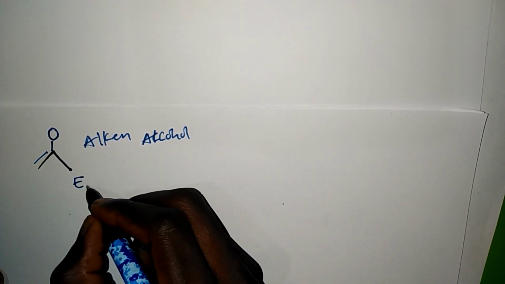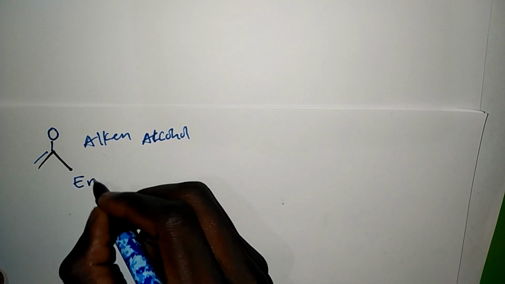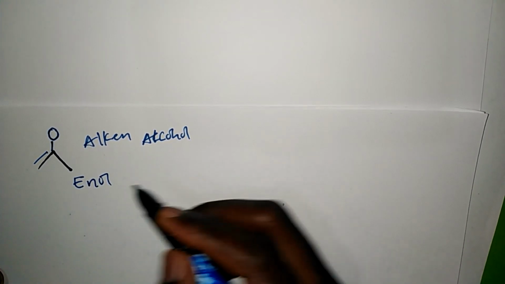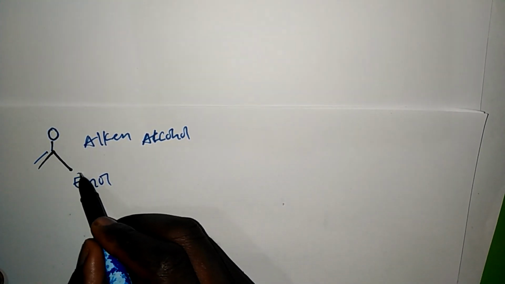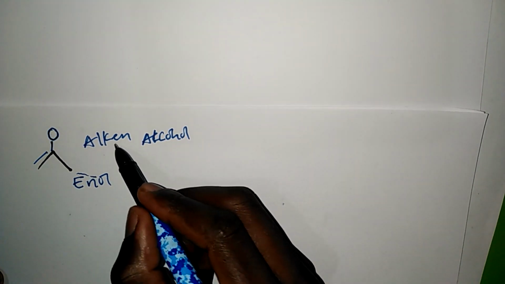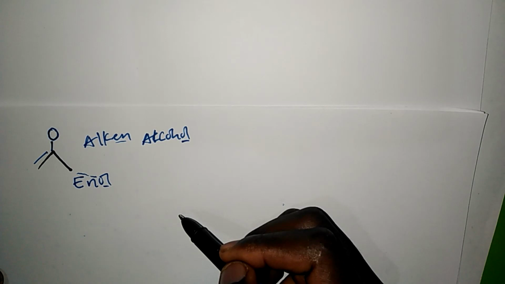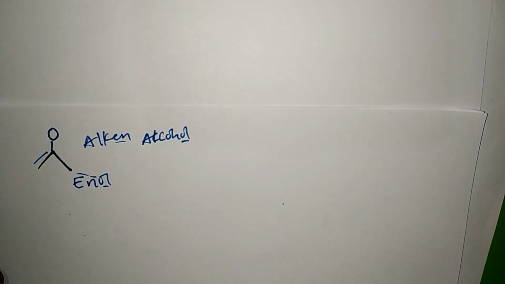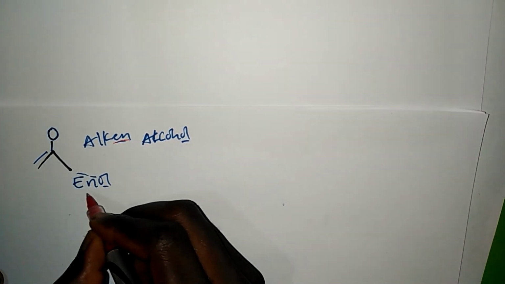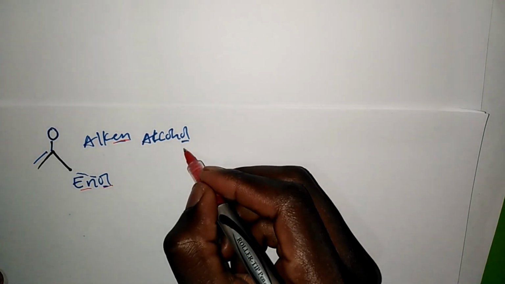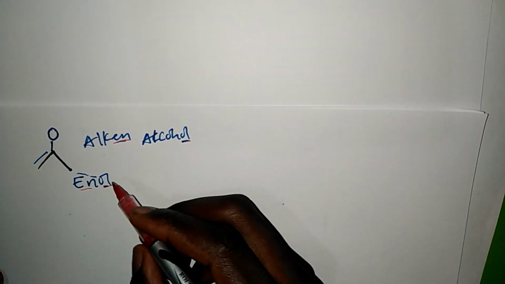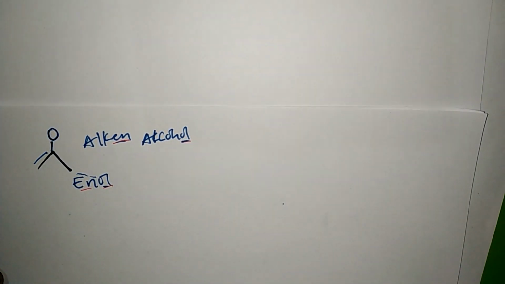And this functional group is known as an enol. This part, the En part, comes from the alkene, and the Ol part comes from the alcohol. So we call it an enol.